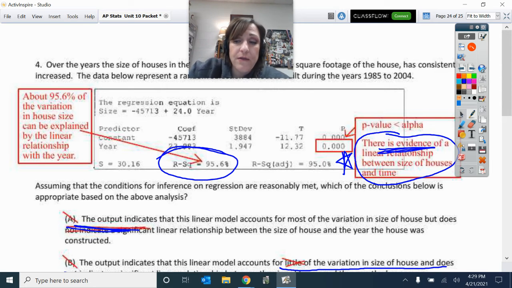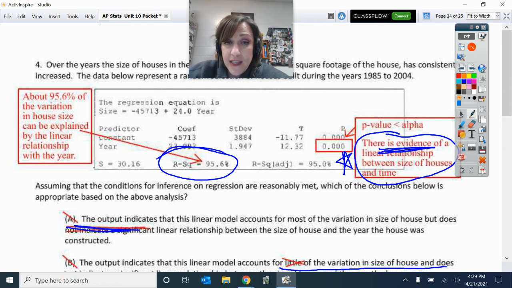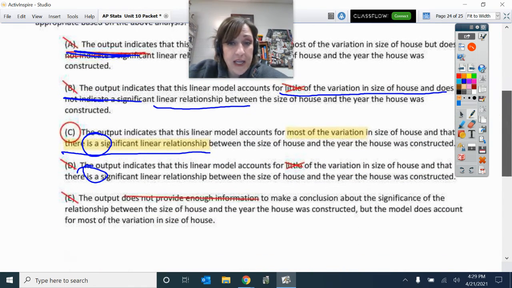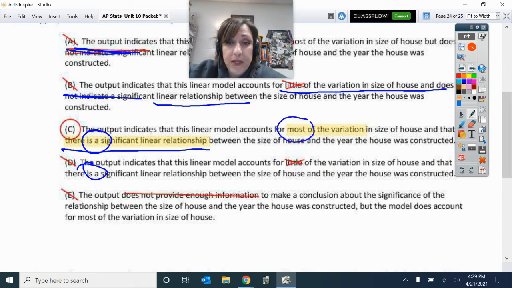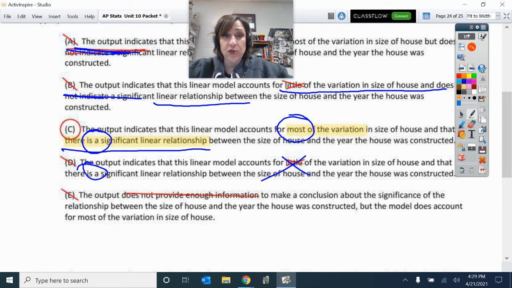So I know in my vocabulary of statistics words that it's r squared that talks about the percent of variation that is found in the y. So that's 95 points. So most of the variation in the house, the y, can be explained by the linear relationship with the year. So that is how I knew the answer choice was C, 95.6% of the variation in the size of the house, not what D says, which is little variation.